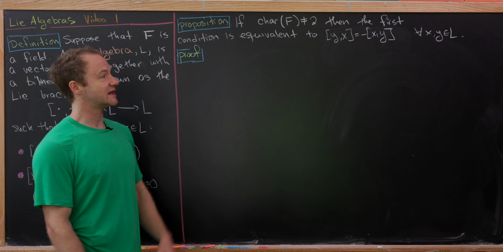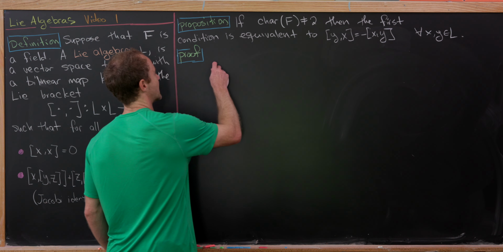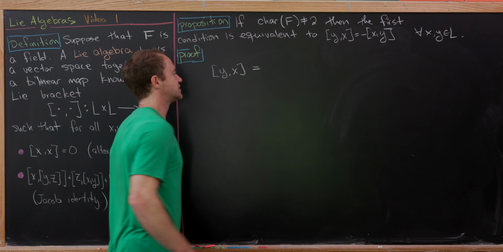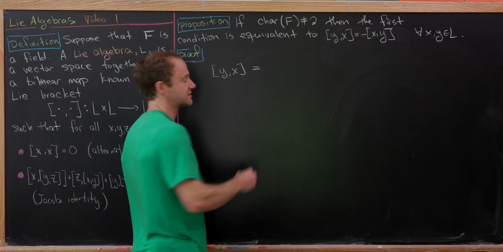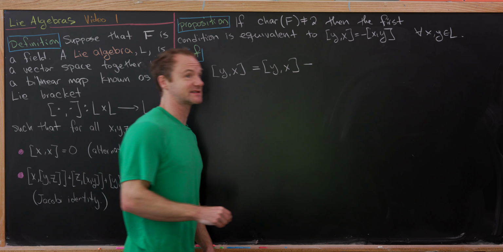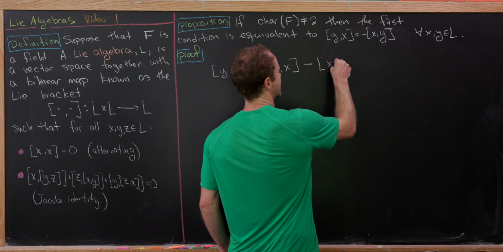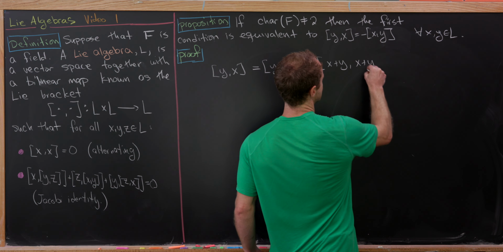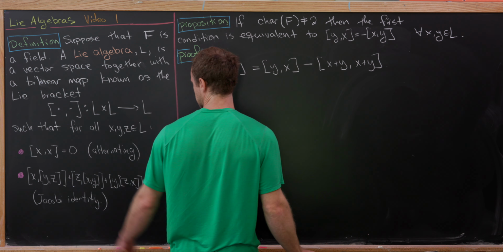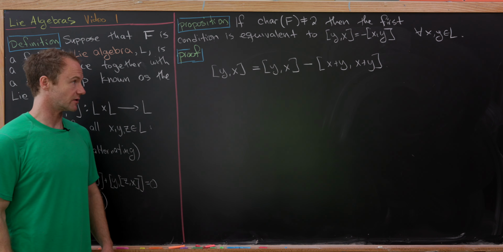Okay, so anyway, let's get into this calculation, and it's pretty straightforward. We'll simply start with the left-hand side here and work towards the right-hand side. So we've got bracket yx. Well, that's going to be the same thing as the bracket yx minus 0, and we're going to write 0 like this. We'll write it as the bracket of x y with itself, using this fact over here that the bracket of anything with itself is 0.